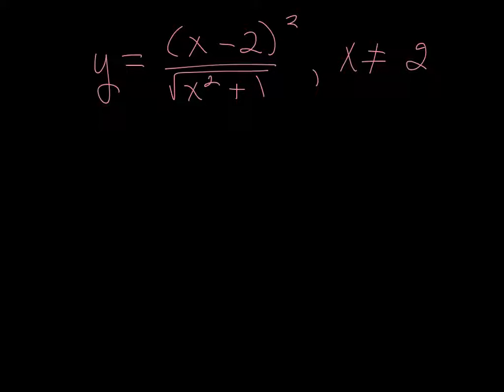Here we have another problem. We're going to take the derivative, and you know how to do it. You can take the derivative by using the quotient rule, but we can also take the derivative by taking the log of both sides. And when you need to do this, you'll usually be told, find the derivative by using logarithmic differentiation.